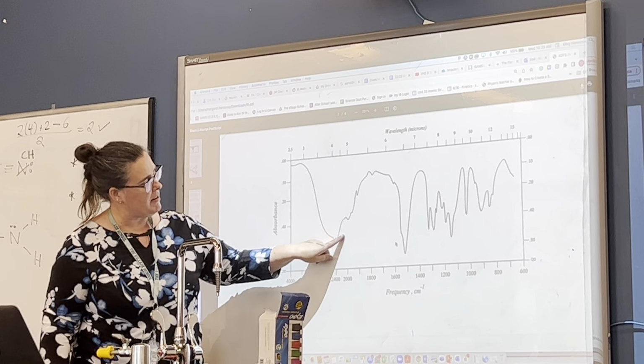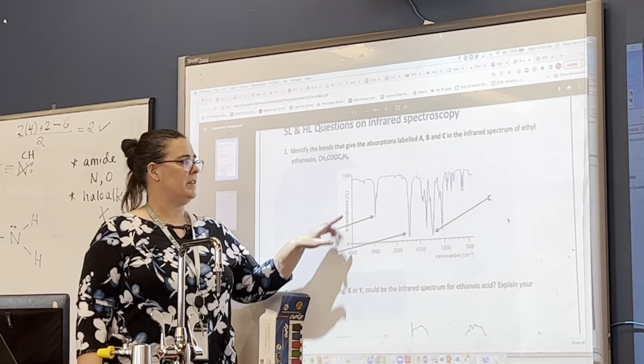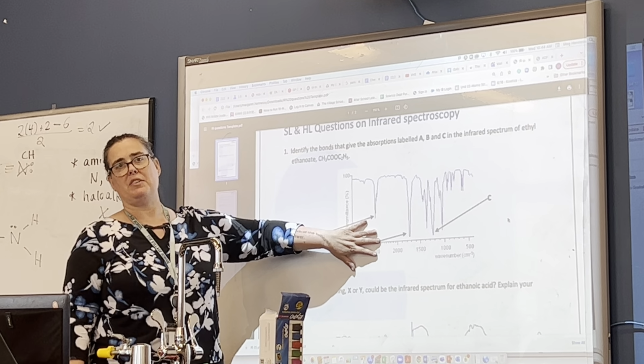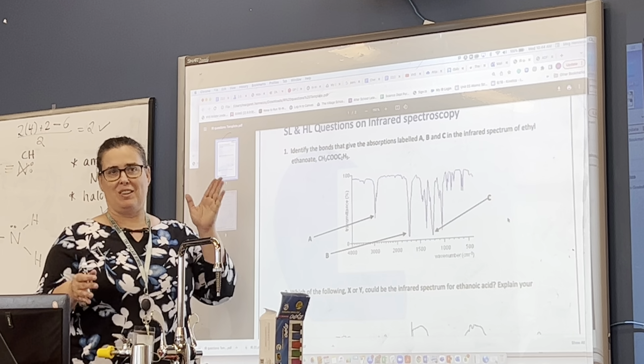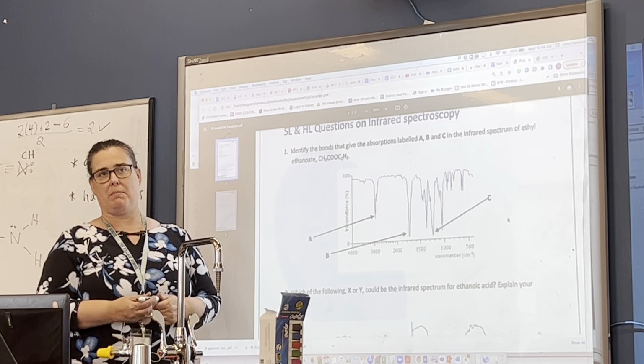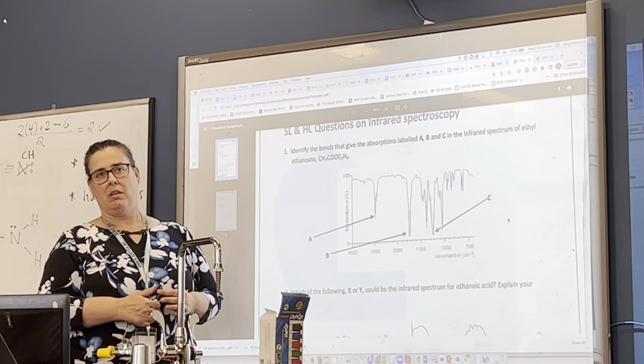And isn't that also skinny? It's at 1700, so it's a C double bond O. Only the thing at 3000 is going to be a CH. So the width and the location are the two things I have. The width, the location, and the strength, how deep it is in the picture. There it is at 3000. What more do you want? Exactly.